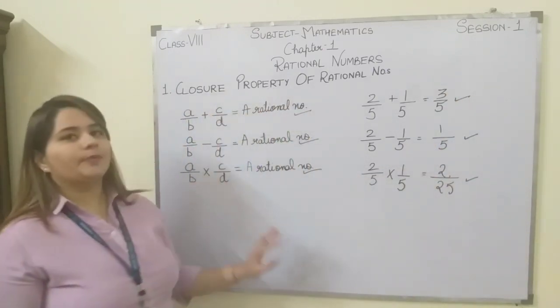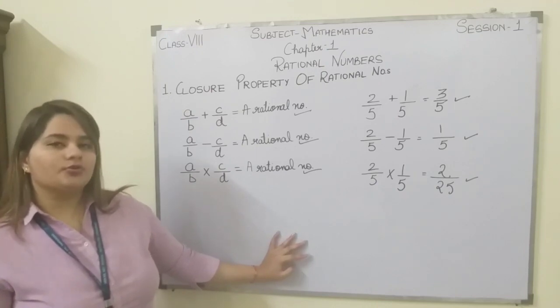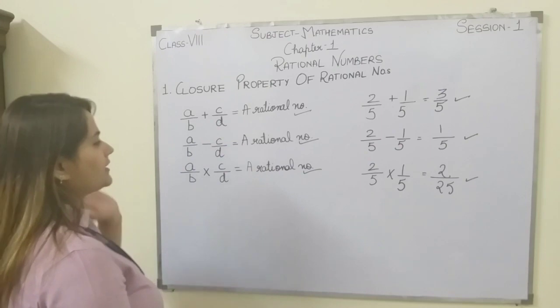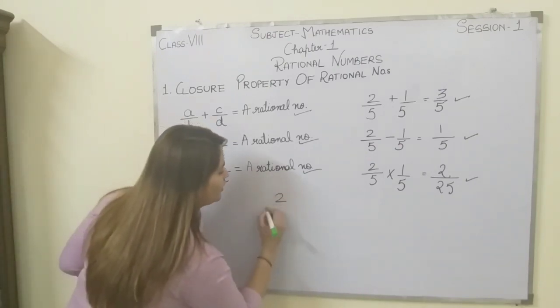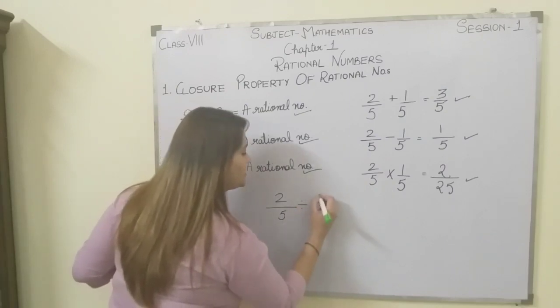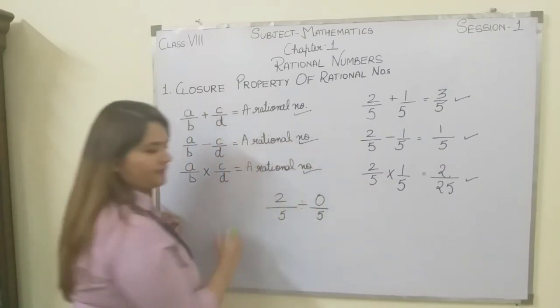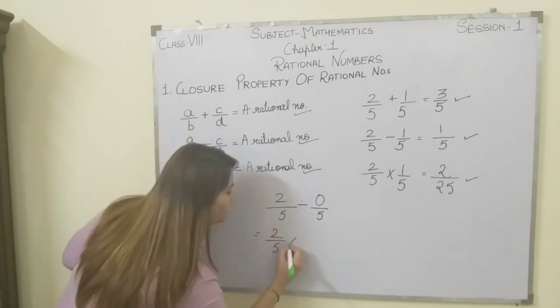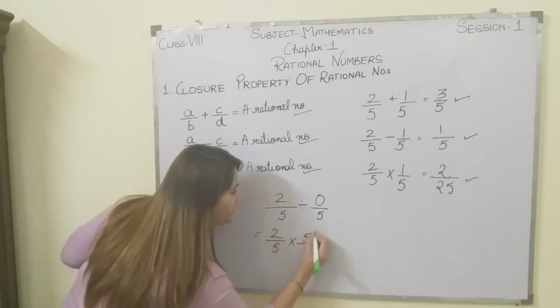But this closure property does not hold true in the case of division. Let's take an example. So consider one of the rational numbers to be 2 by 5 and another rational number to be 0 by 5. So in case of division, we change the sign to multiply and take the reciprocal of the next fraction.